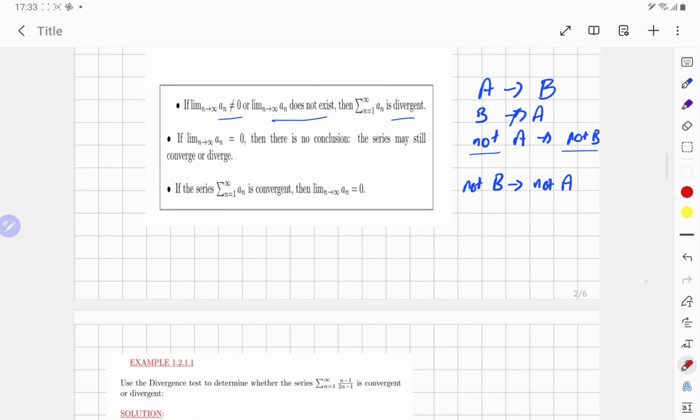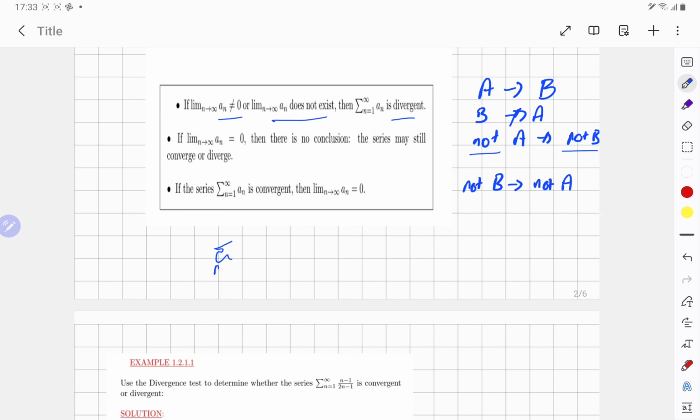Now just remember what I've just said. If you have a statement A implies B, you can, however, say that not B implies not A. What do I mean by that? If I take my statement here, there's statement A, there's statement B, that the series is divergent. So what is the negation of that?